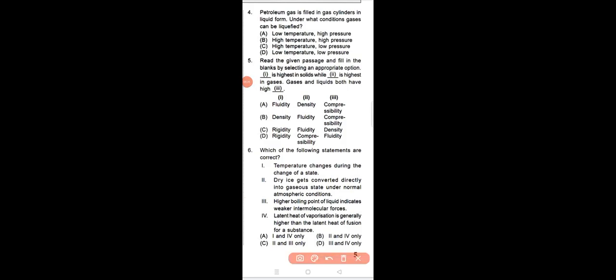So for question number 4, the answer is low temperature, high pressure. Petroleum gas is filled in the cylinder in liquid form, because we know that for cooking purposes we use this kind of gas cylinder, and in the cylinder the petroleum gas is liquefied, that is LPG, liquefied petroleum gas.